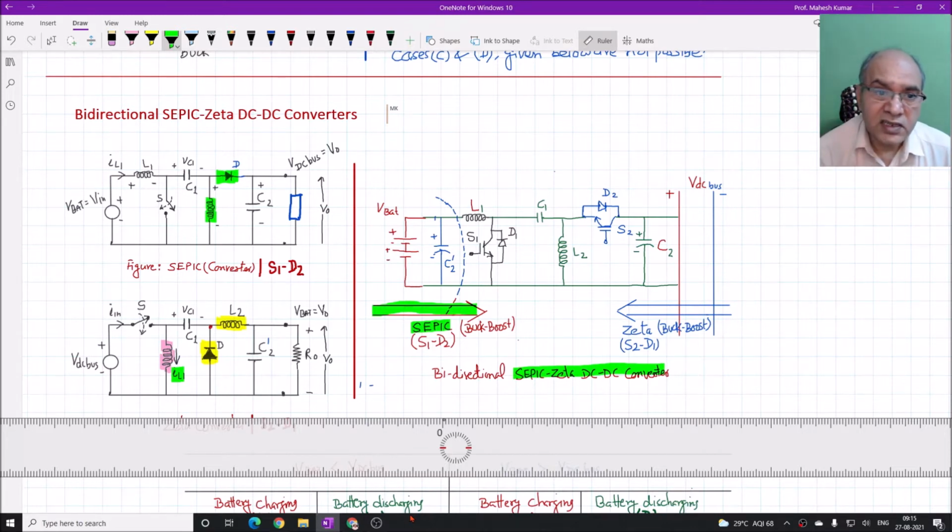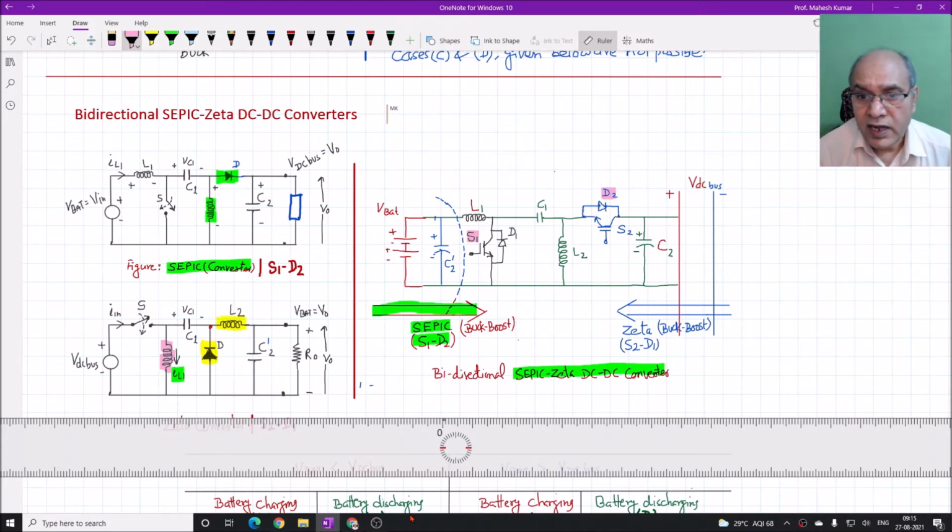You can see in this diagram, on the left hand side, first diagram, how it becomes Sepik when you look from the battery side for the switch combination of S1 and D2. So if you look from the battery side, the switch S1 and D2 operate.